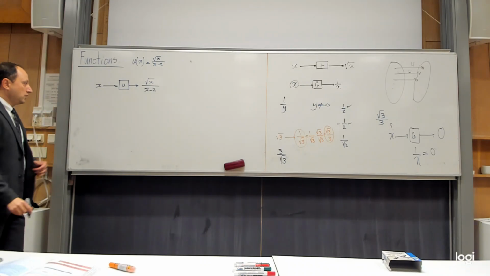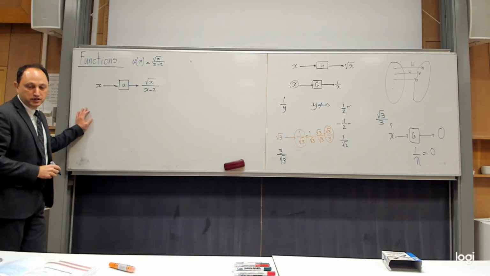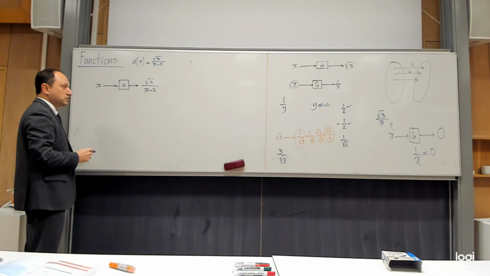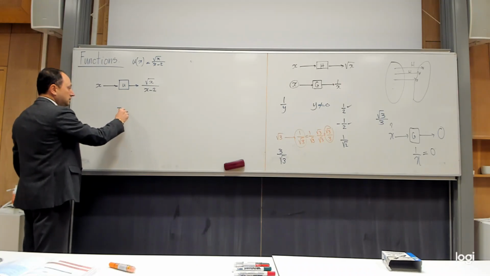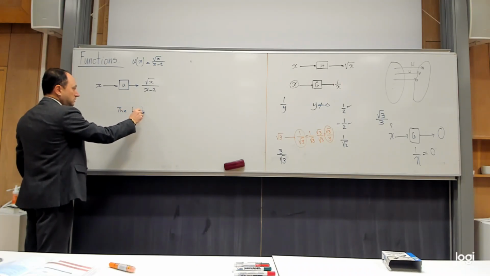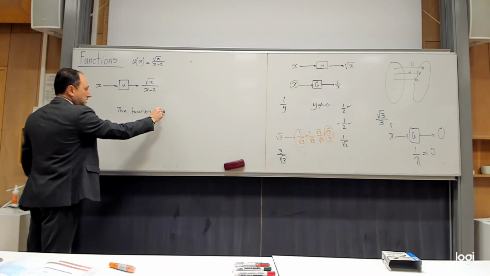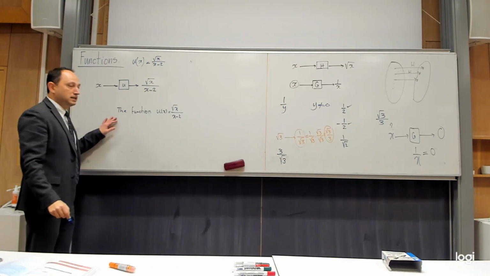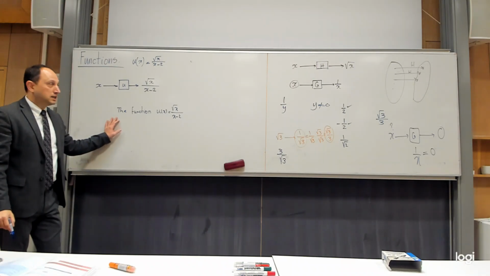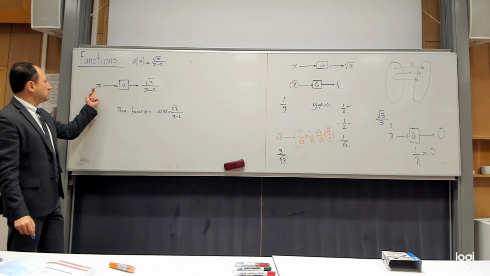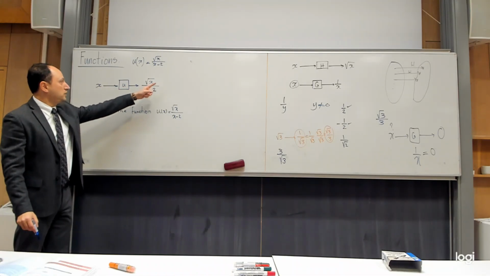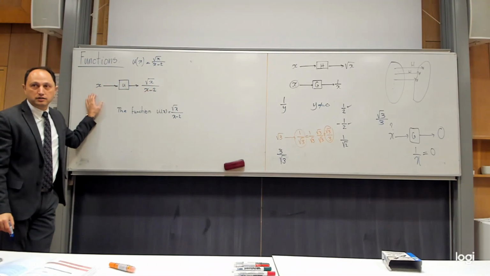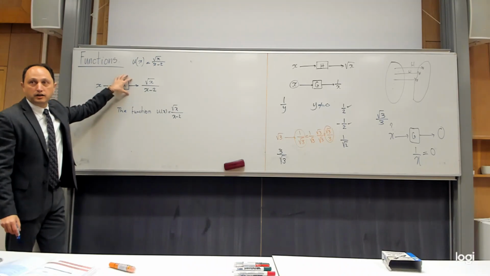From now on, I don't know if the book is precise or not. I have seen many textbooks write the function u of x equals this one. This is technically wrong. If I show this one and this one, which part of this is the function? u is the function.